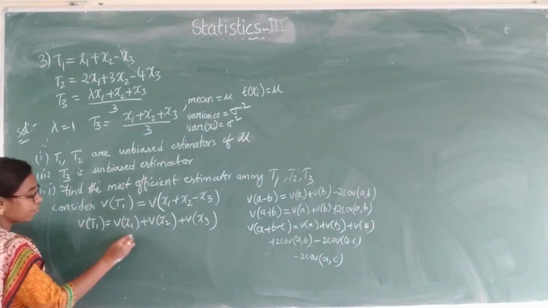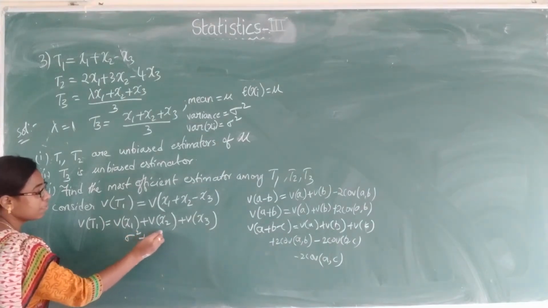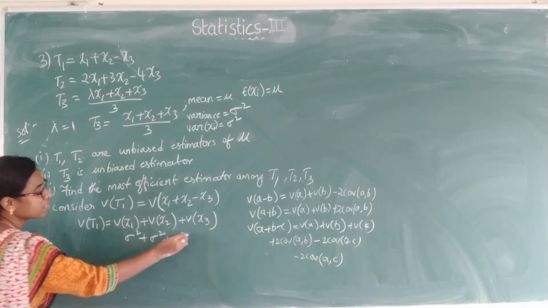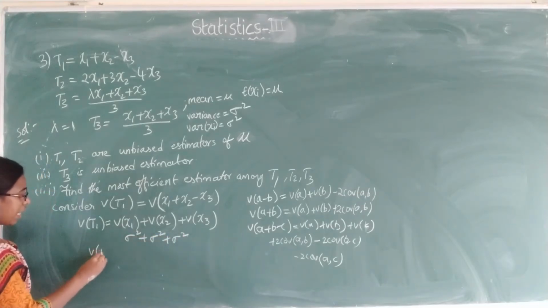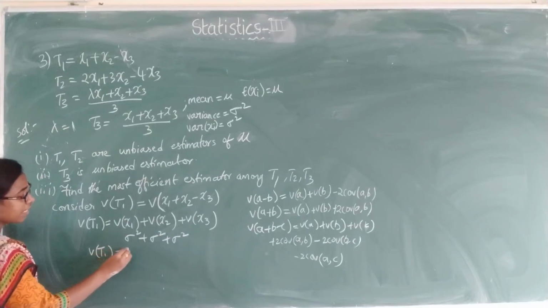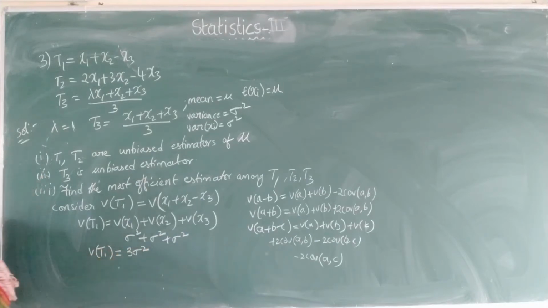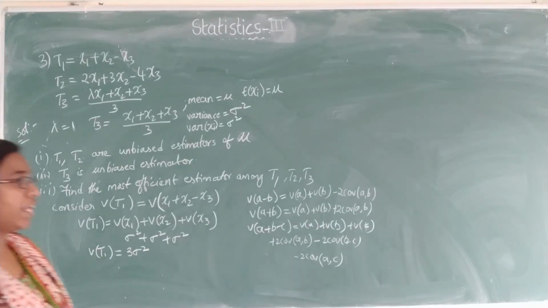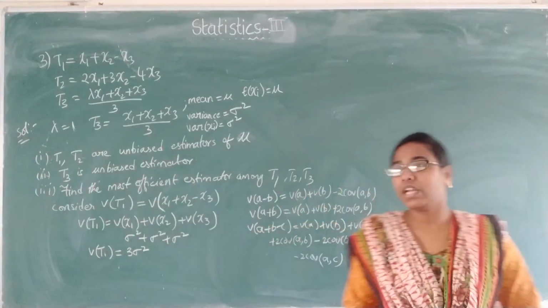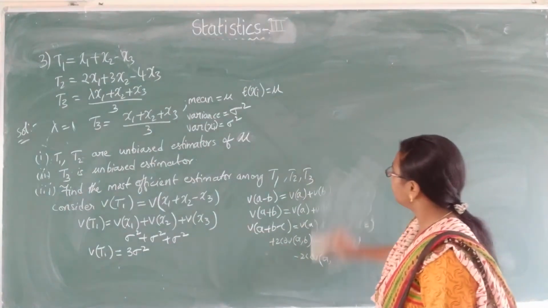So sigma square plus sigma square plus sigma square. Therefore variance of T1 equals 3 sigma square. Now we got the variance of T1. Similarly, find out the variance of T2 also.